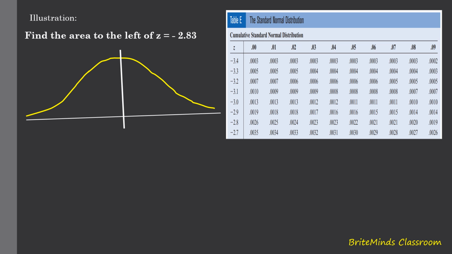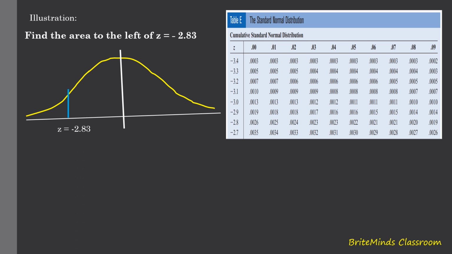I have here another example. Find the area to the left of z equals negative 2.83. We need to locate our z, which is negative 2.83. Okay, so this is our z.